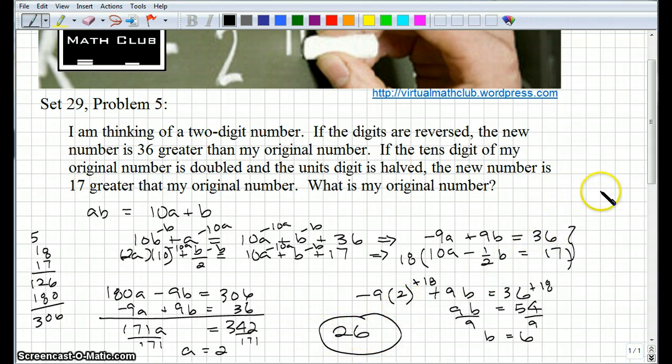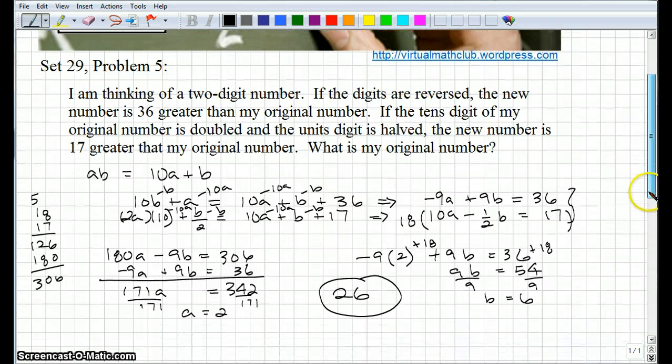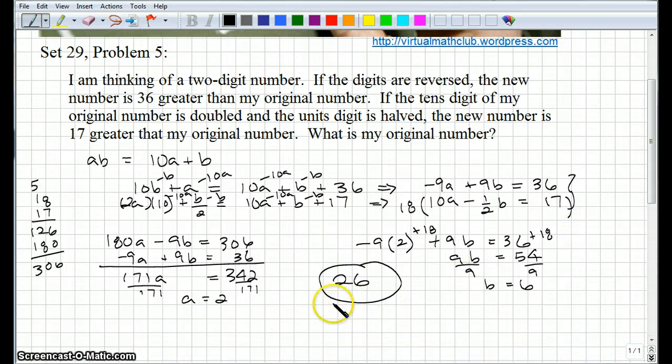And you could check that too. If we reverse the digits, we'd have 62, and if we subtract 26 from that, we should get 36, because the new number was supposed to be 36 greater than the original. That's true, I get 36.